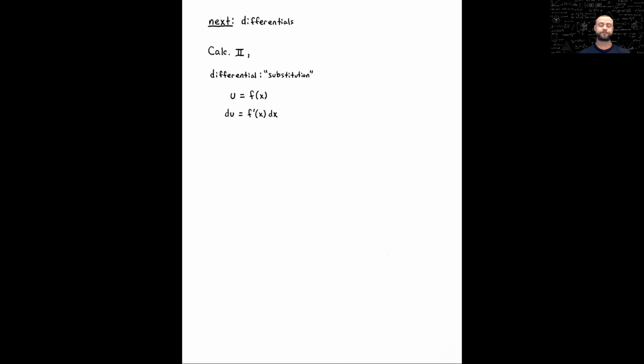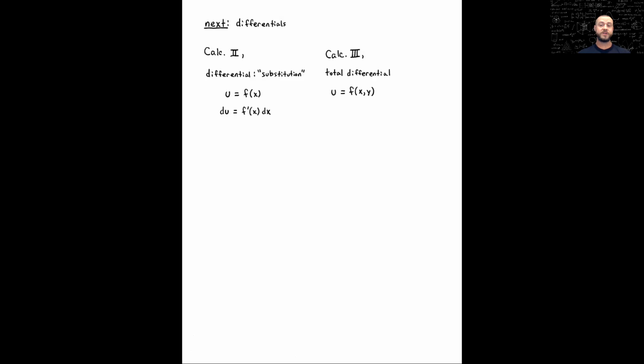You would choose a U equals some function of x, and with your choice of U, you would calculate the differential du, which if u is f of x, the differential du equals f prime of x times dx. Back then in Calc 2, you can basically say derivatives and differentials are the same thing.